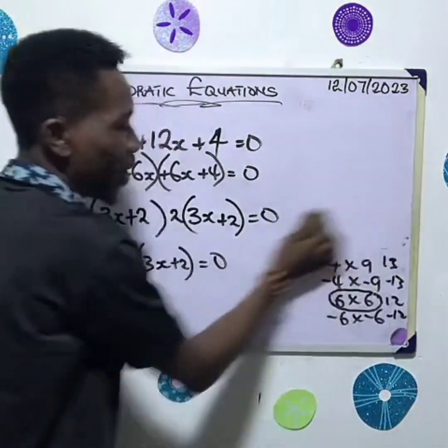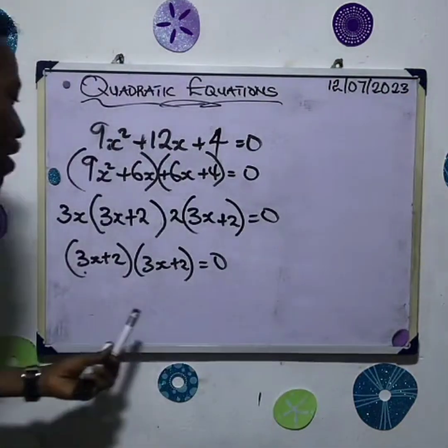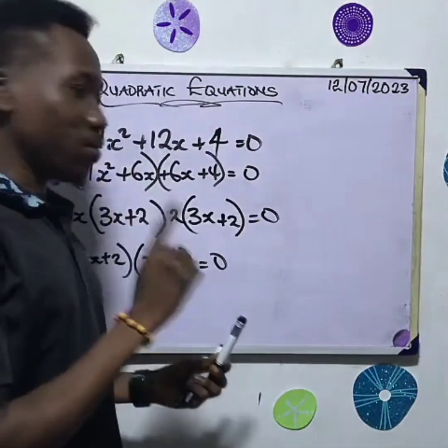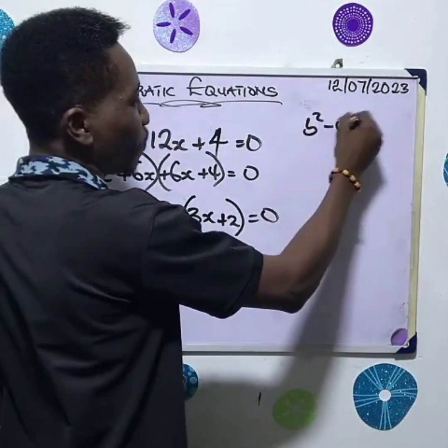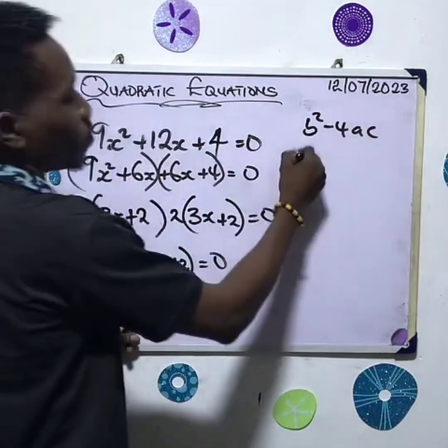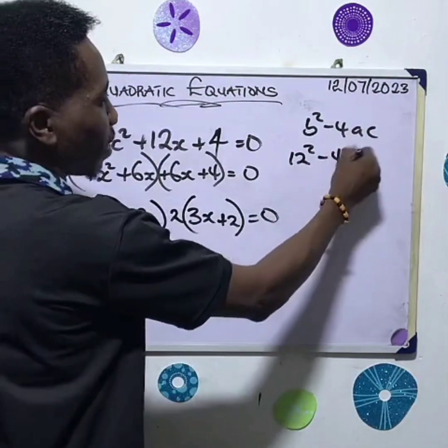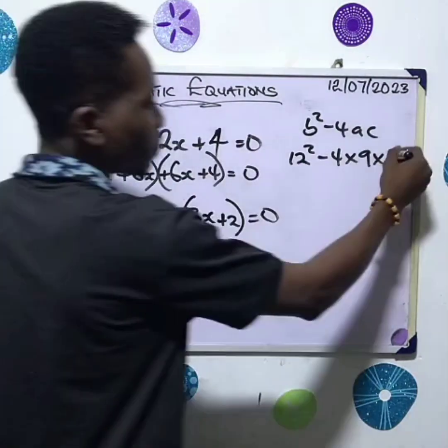Now, let's go back to our b squared minus 4ac. This means that our discriminant will be 0. So b squared minus 4ac. What is b? 12. 12 squared minus 4 times a, which is 9, times c, which is 4.